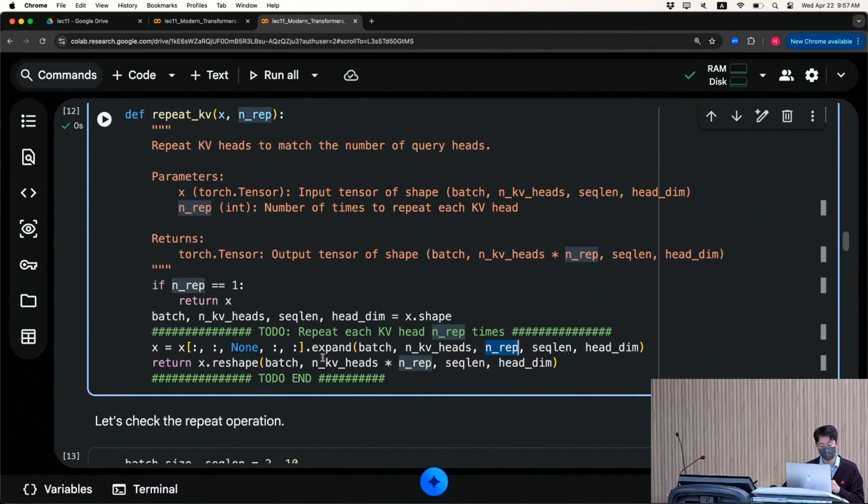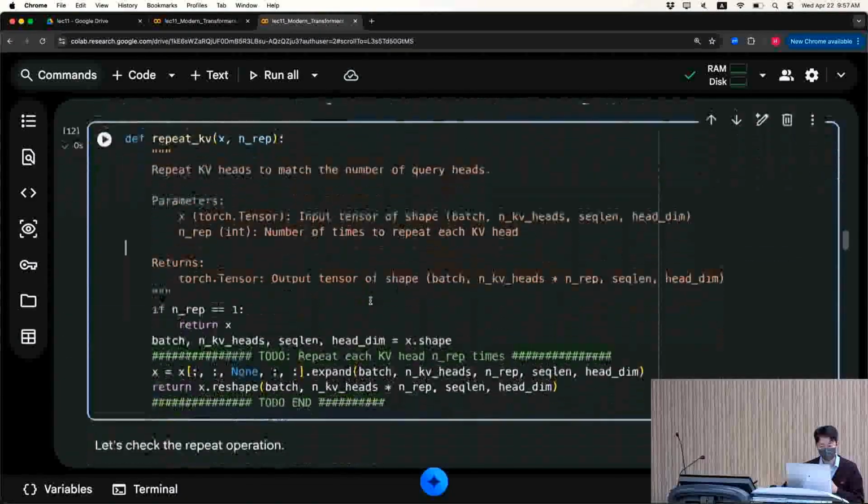And we're going to reshape it so these two get merged into a single dimension. Right? Need more time? How many of you finished copying? All right, let's move on.